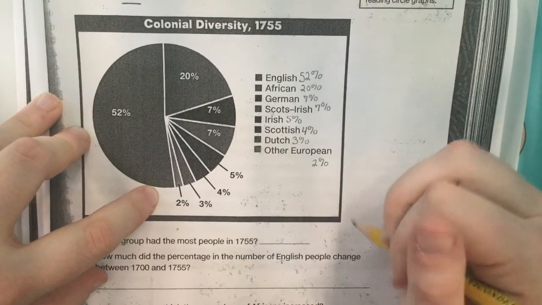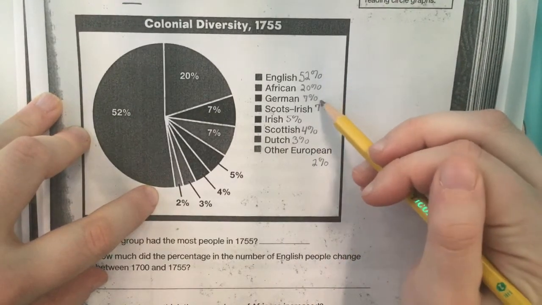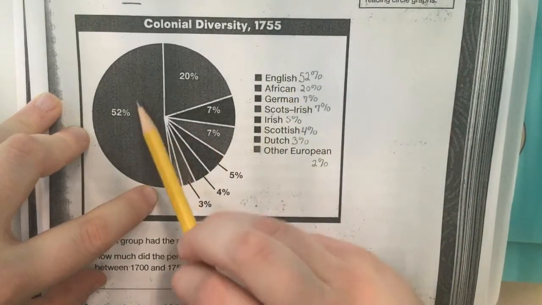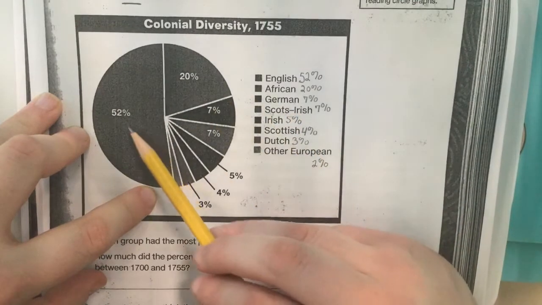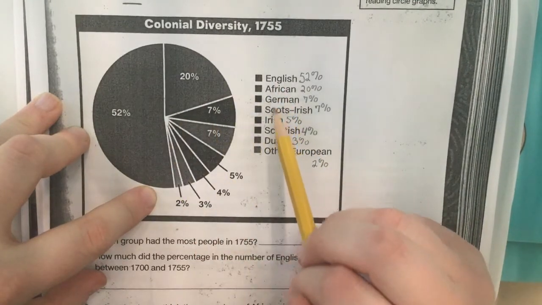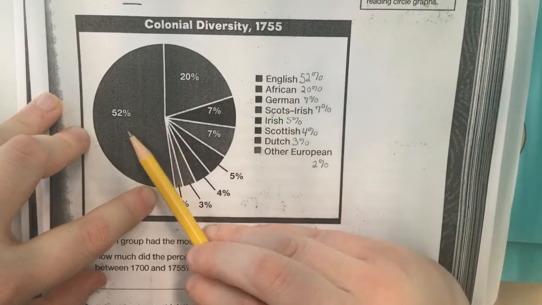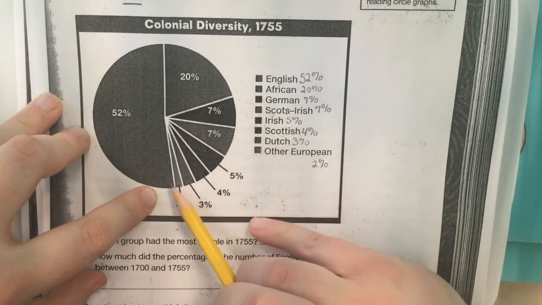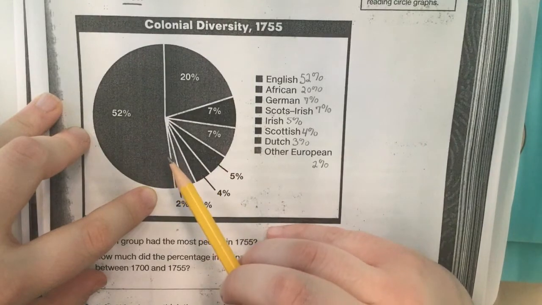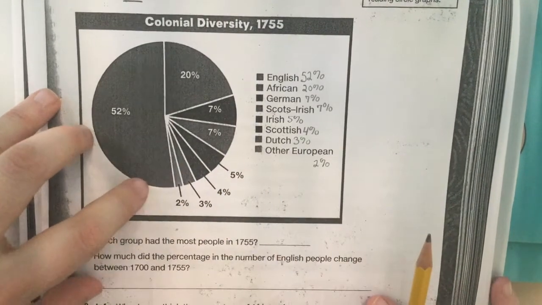So make sure you get all this copied down correctly. Okay, again, we go right around in a clockwise direction. So if you missed any of these, just follow your ethnic groups down the line and you follow your graph from 52 clockwise and it tells you exactly which ethnic group is what percent. All right, so let's go to the questions.